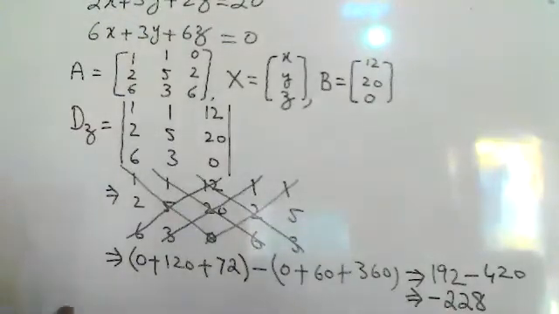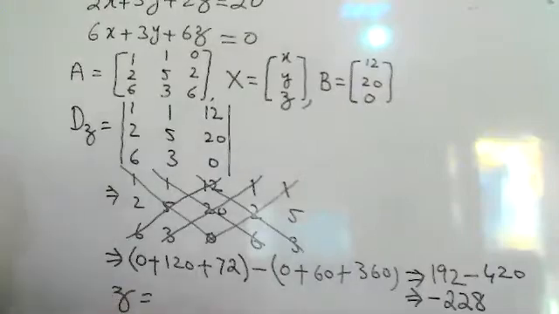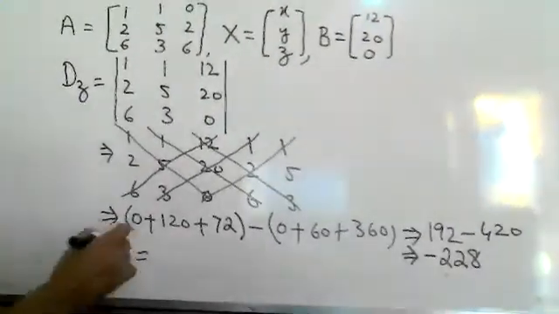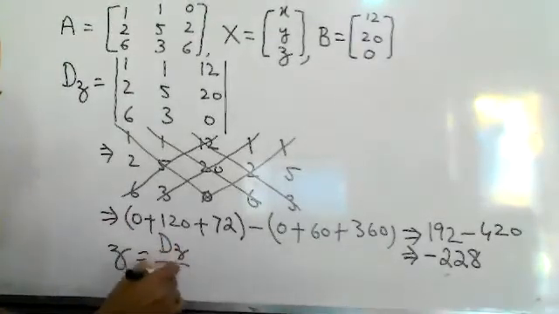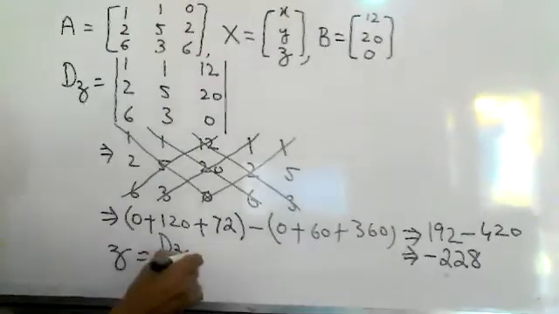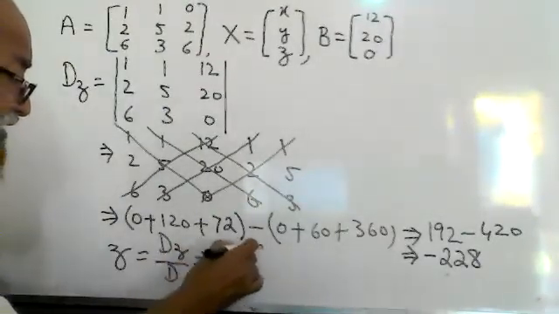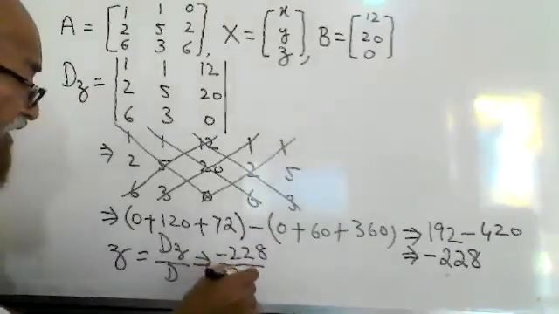Now we will find the value of z. z will become dz upon d. dz is minus 228 divided by 24. d is 24.